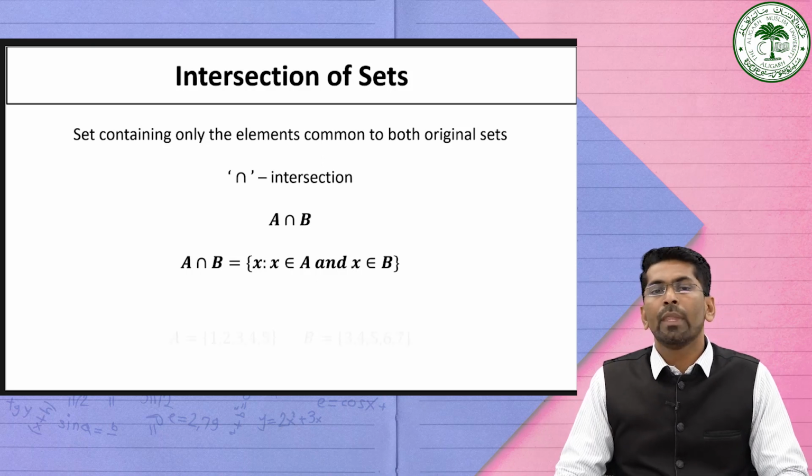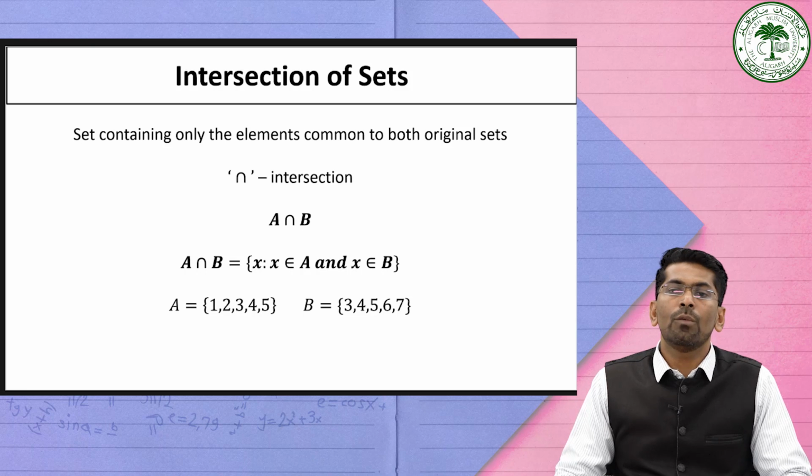For example, let set A = {1, 2, 3, 4, 5} and set B = {3, 4, 5, 6, 7}. Then the intersection A ∩ B would be {3, 4, 5}, which are the elements common to both sets.